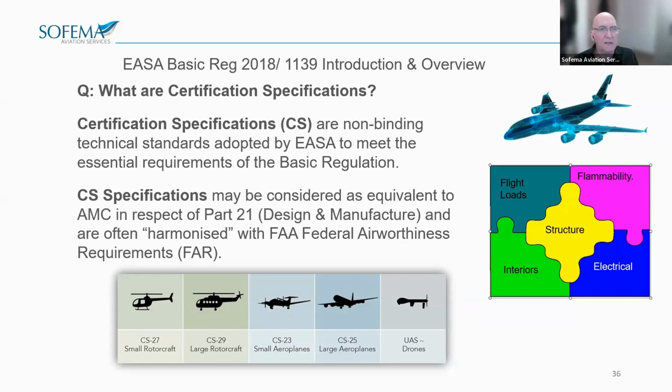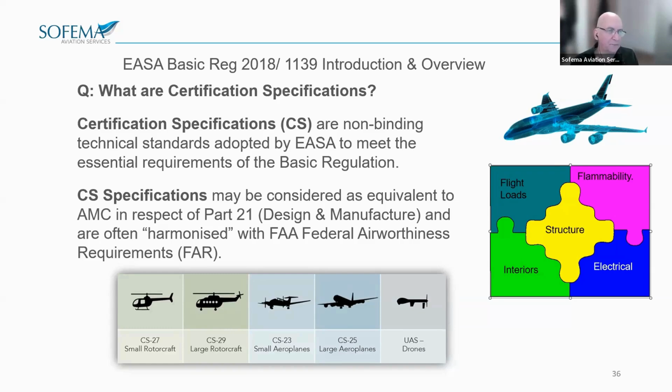And what we say is that if all the various aspects of the aircraft affected by the design, such as flight load, structural integrity, flammability, interiors, electrical power, system safety, and so on, if they all follow the requirements of the related CS standards, the design can be considered airworthy, and therefore it can be certified by EASA. So the CS standards have been developed over decades to represent the key things to be taken into account when you're designing an aircraft or a product.